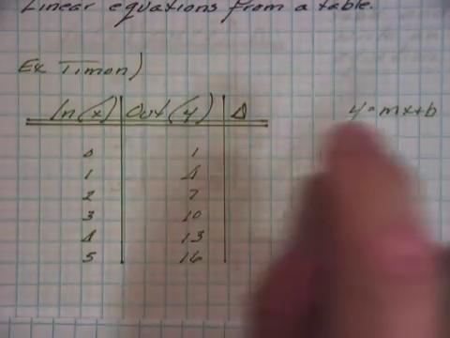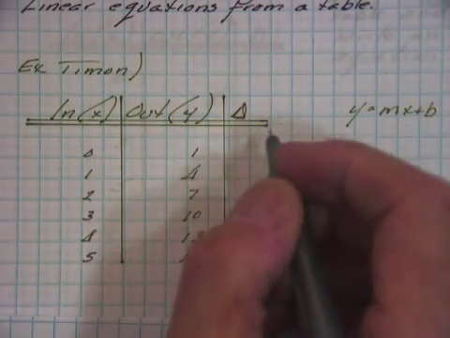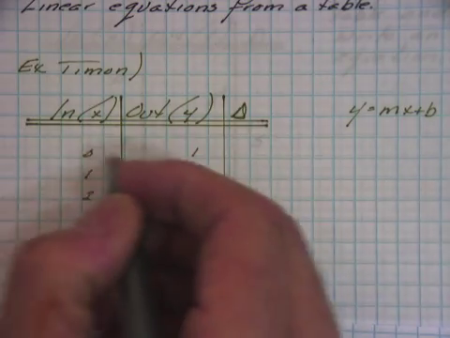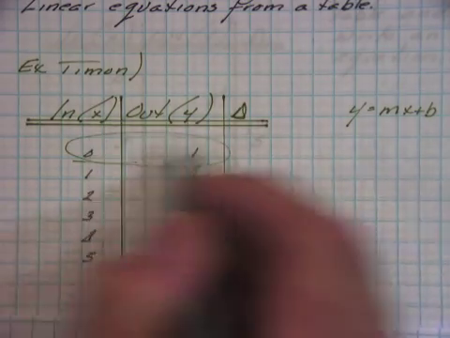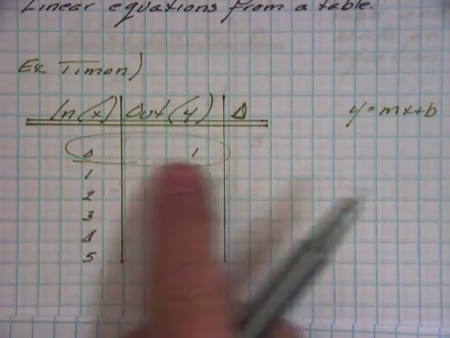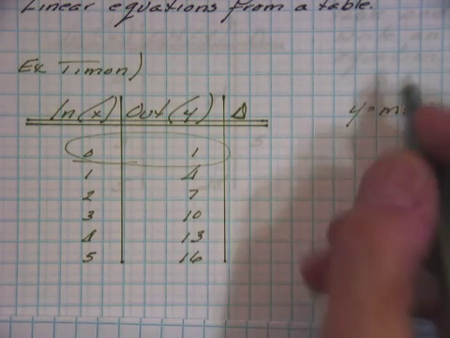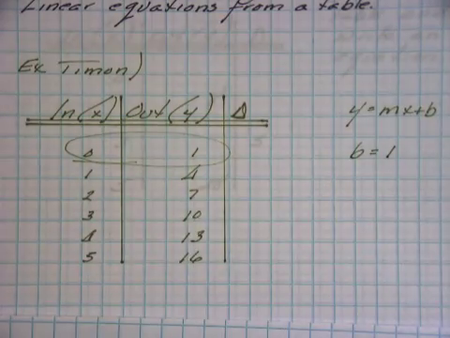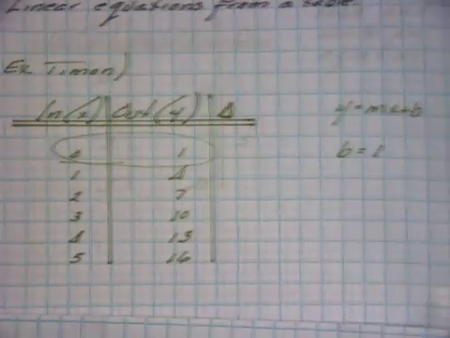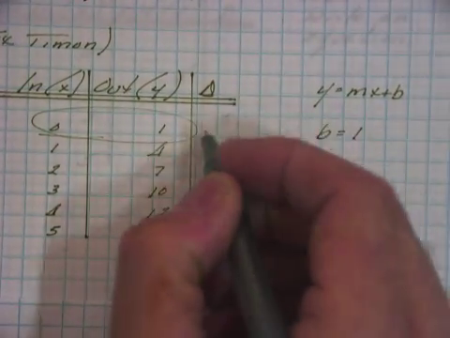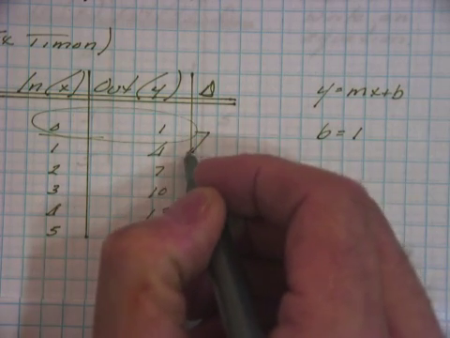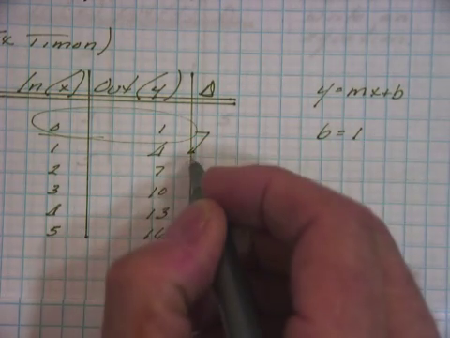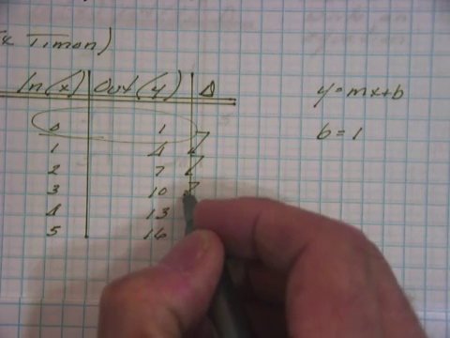So maybe the easiest thing to do is just to acknowledge that right there, that is our b value. When x equals 0, the y value equals b. So b equals 1, okay? Now, the delta column is for looking at how the y values change each time.